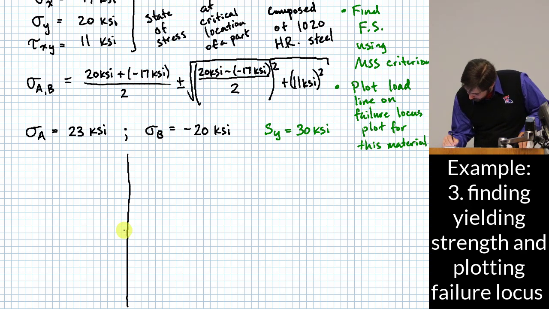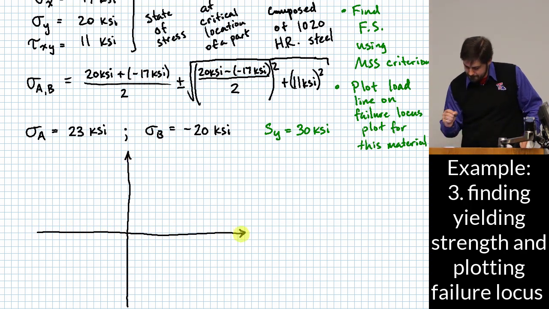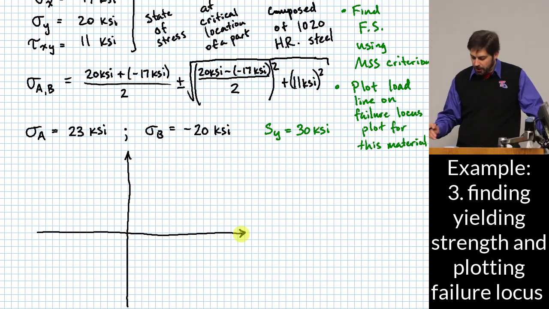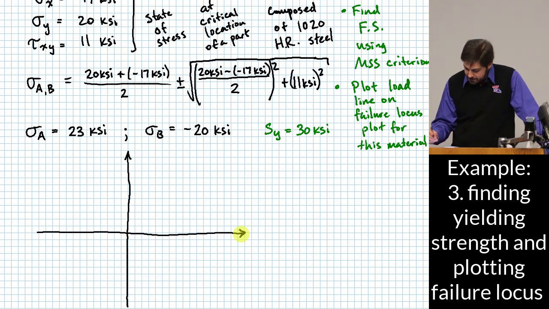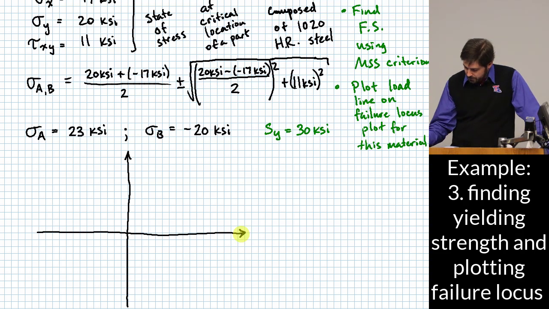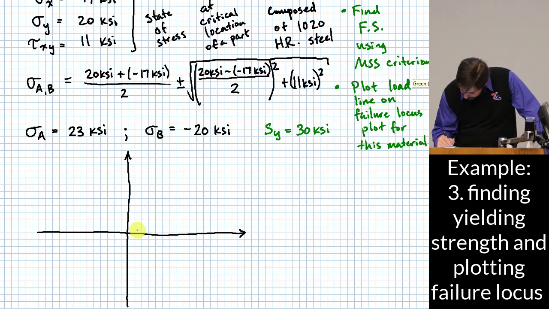Okay, so how do I plot this failure locus? Well, I take that S sub y and I go ahead and I draw my limits, right? Basically plus and minus S sub y in every direction. Correct? Okay, so let's call each square 5 KSI. 5, 10, 15, 20, 25, 30.